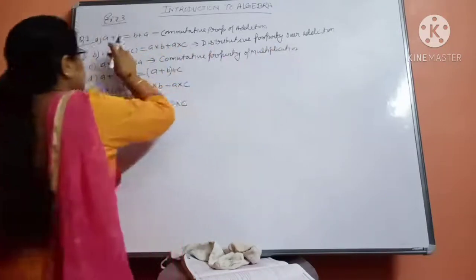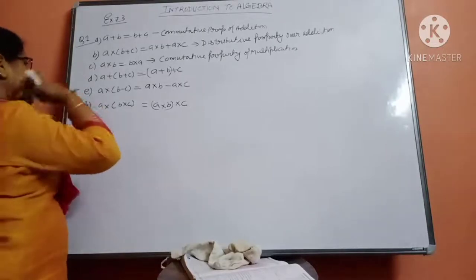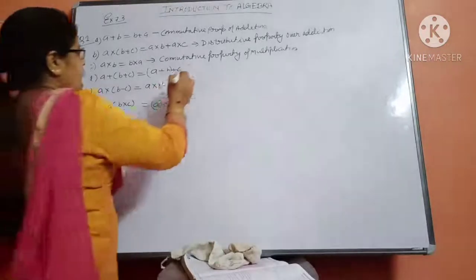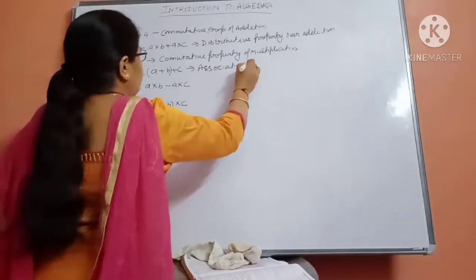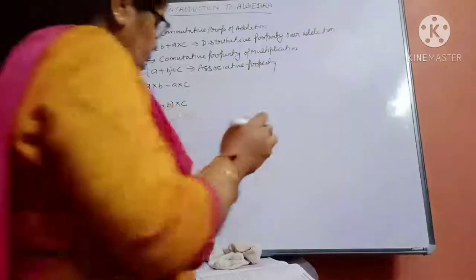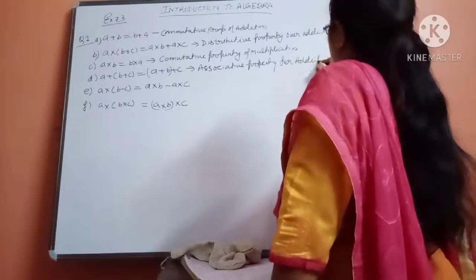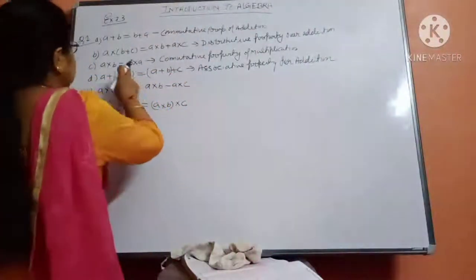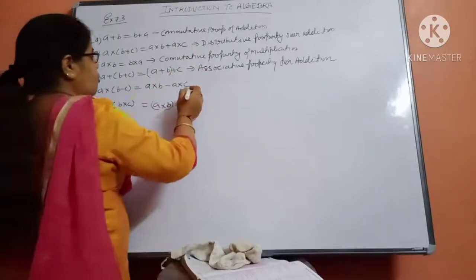Because they are coming in the form of algebra, that's why these properties are given to you to identify. (a plus b) plus c is equal to a plus (b plus c). What is this? Associative property for addition. Okay. Now a into (b minus c) is equal to a into b minus a into c. So it is the distributive property over subtraction.